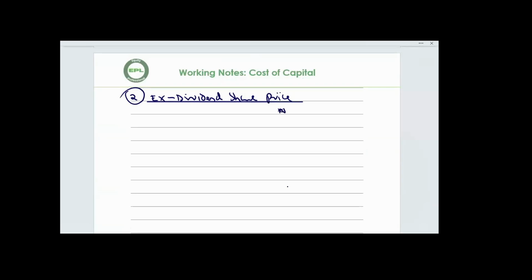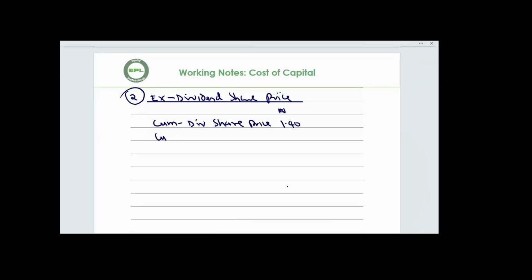So to get the ex-div share price, you less current dividend from the cum-div share price. So you take cum-div, cumulative dividend share price, which is 1 naira 40 kobo.